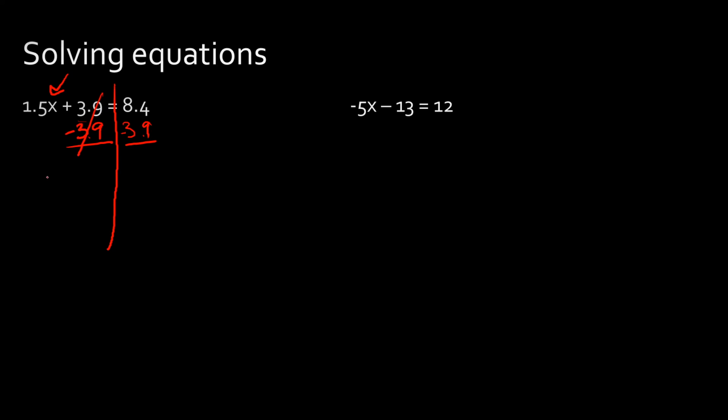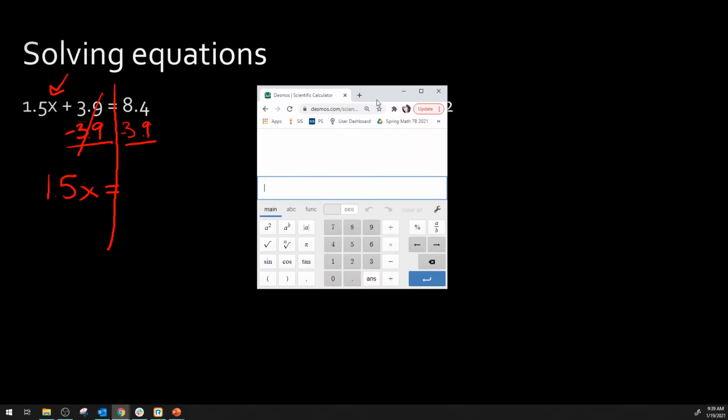I'm left with this 1.5x. And this is equal to these two subtracted. Now, I can use a calculator to help me with my addition and subtraction, especially when I'm dealing with decimals and with fractions, just to make sure I'm getting the correct number. So when we type this in, we get a 4.5.